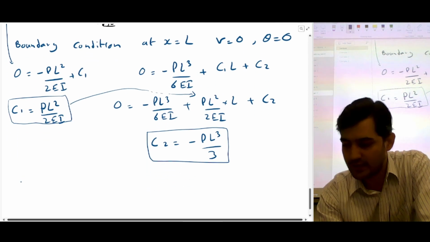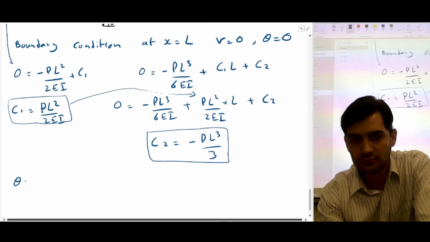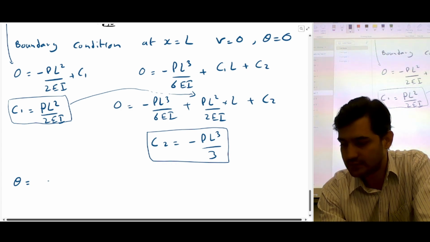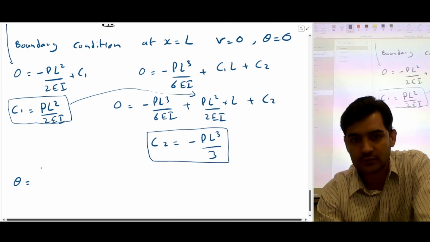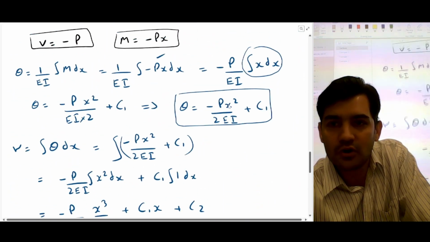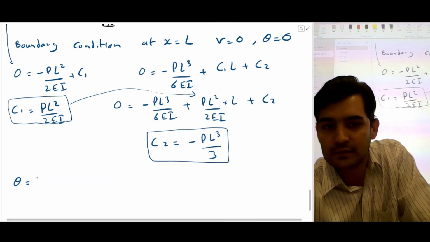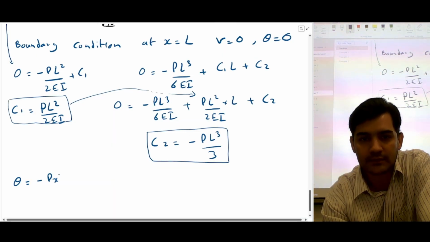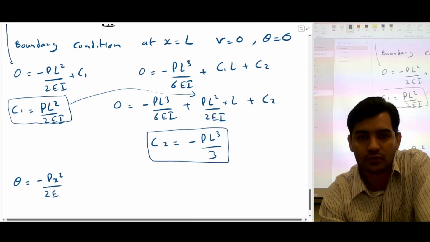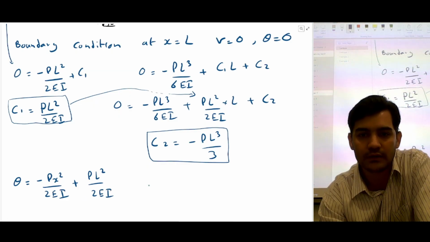So I'm gonna put the final equation. Theta is, so my theta was minus px square over 2EI, minus px square over 2EI plus C1, which is PL square over 2EI.